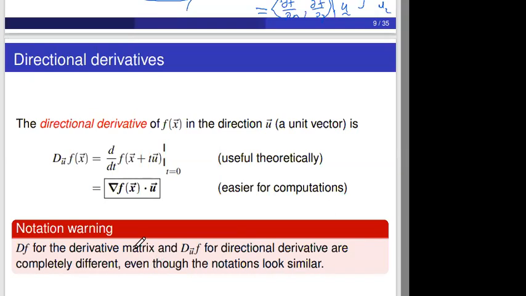I think you will use it in third and fourth year. So don't confuse them: with the directional derivative you always have u. That's the difference between Jacobian notation and directional derivative notation. Here the direction is given by u.